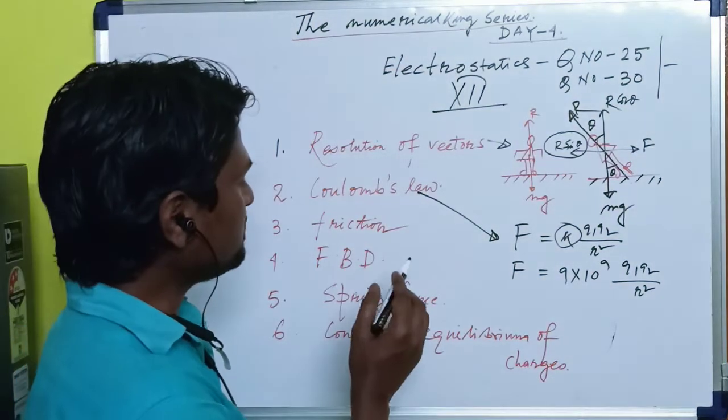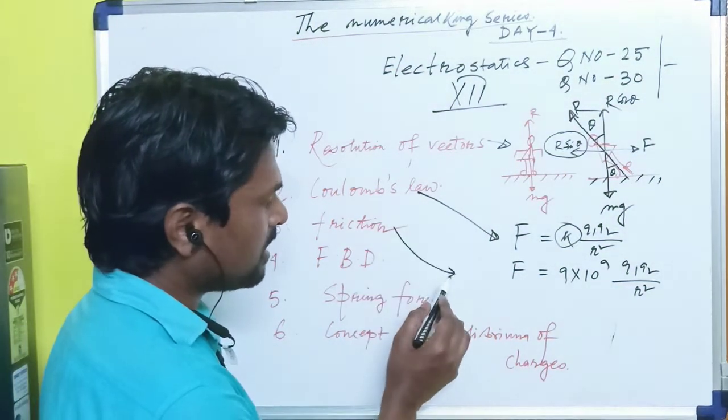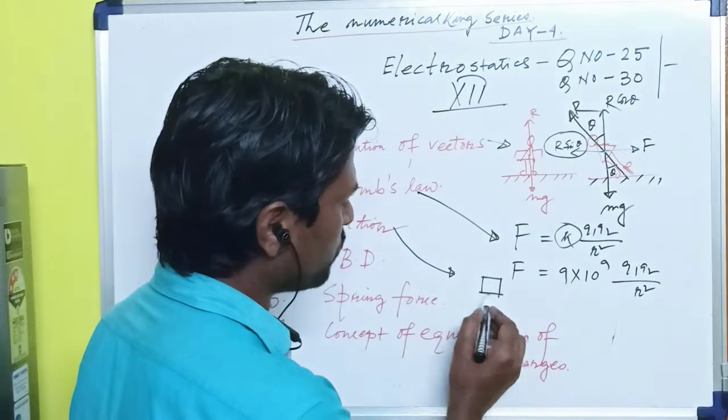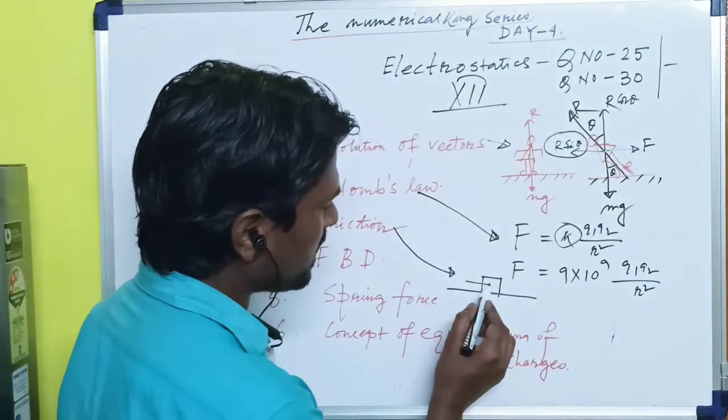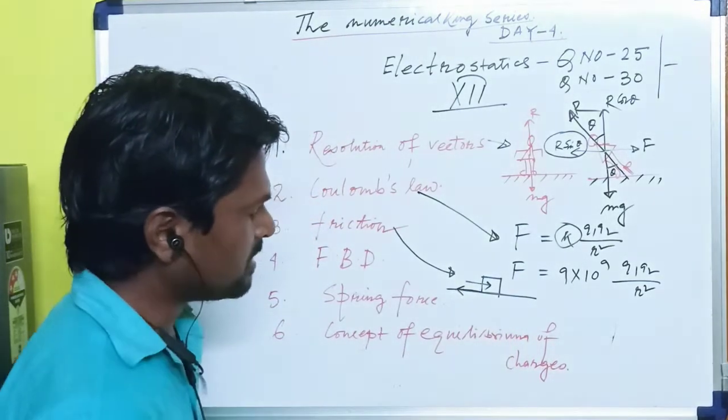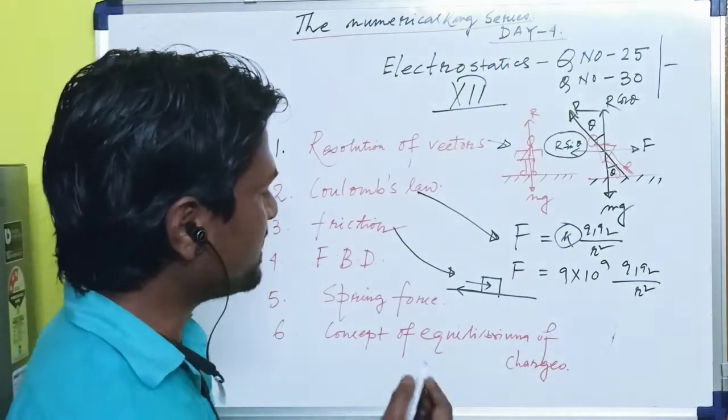And the next one is friction. Friction is basically a retarding force. When we apply a force on a body in a particular direction, the friction acts in the opposite direction.